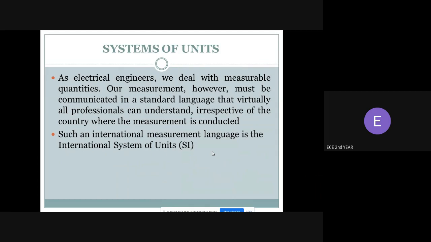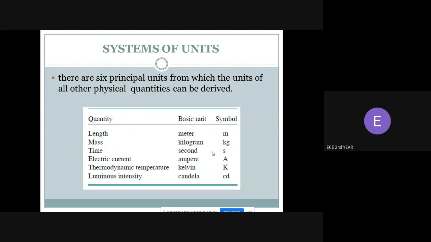SI units were adopted by the General Conference on Weights and Measures in the year 1960. In this system, there are six principal units from which the units of all other physical quantities can be derived. We have six physical quantities, so six principal units. From these, we can derive all other units. The physical quantities are: length, the basic unit is the meter, symbol small m. Mass, the basic unit is the kilogram, symbol kg.